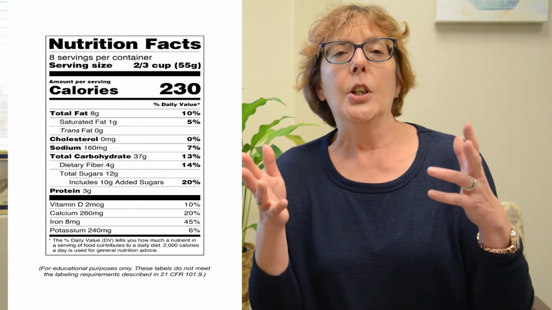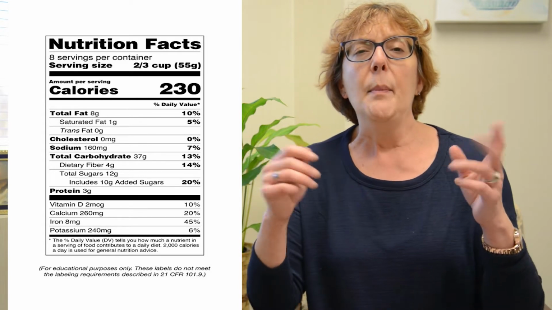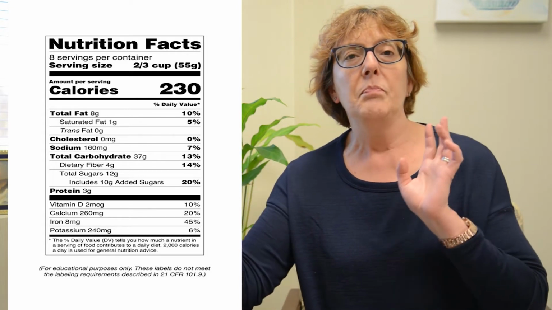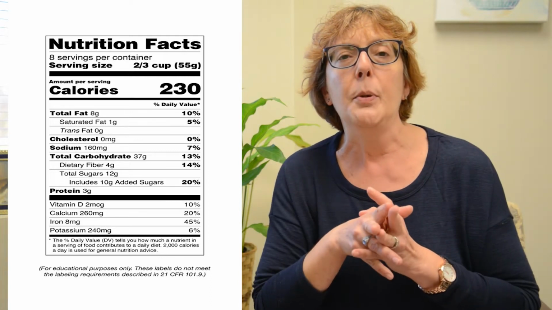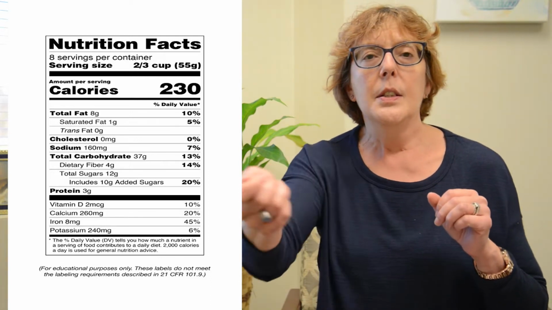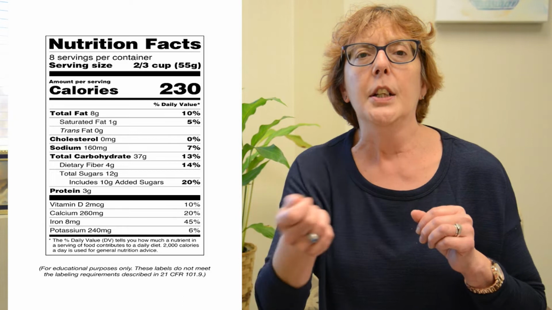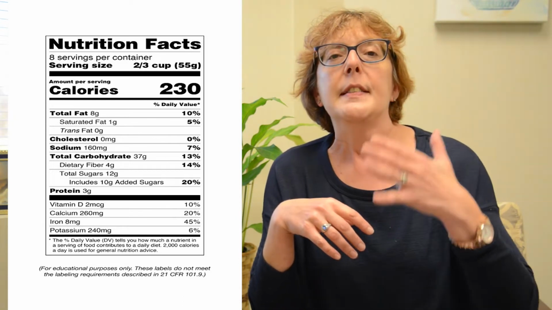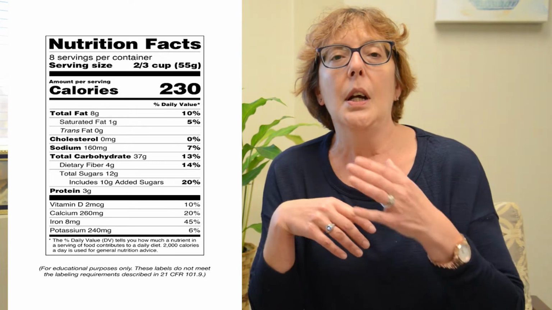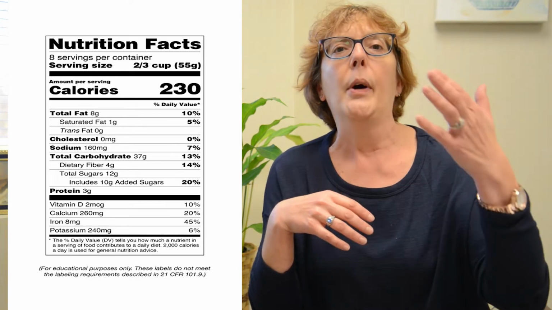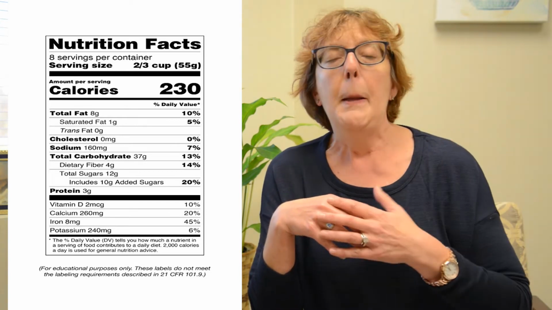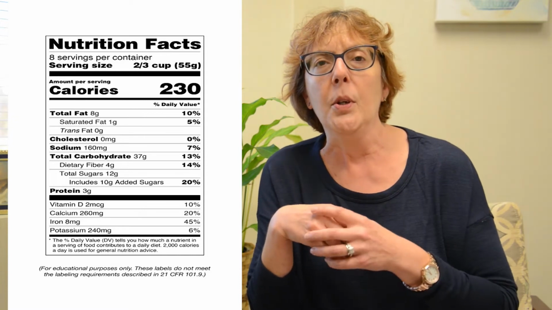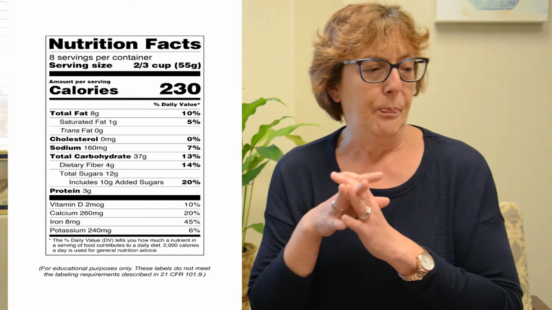So added sugars, just picture that somebody at the plant where this is being put together is just dumping spoonfuls of sugar into your food. The other part of that is whatever is the natural sugar of the food.